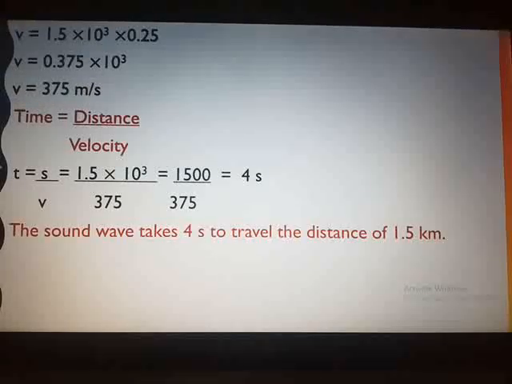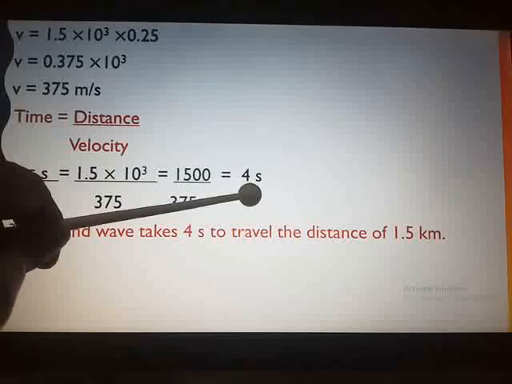Now you have to calculate time. So you have to use the solution for time. Time is equal to distance upon velocity. T is equal to s upon v. So 1.5 multiplied by 10 raised to 3 is the distance, upon 375, we have got the velocity just now. When you carry out the calculations, you will get the time as 4.